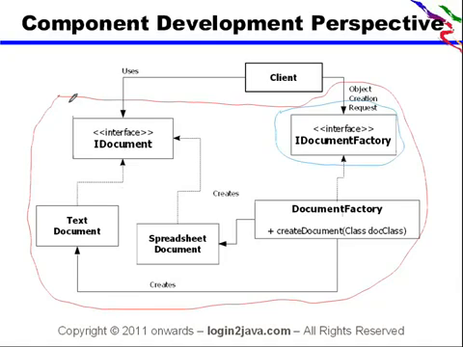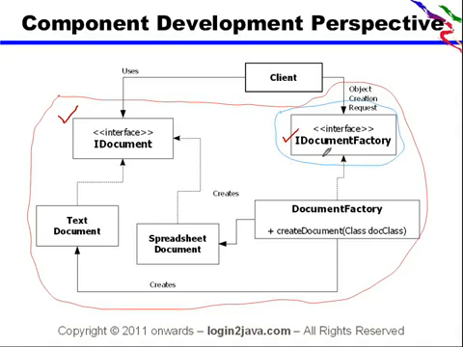If we look at the component development perspective, we just see this interface working properly, and it is making the component reusable, maintainable, expandable, and robust. Now see, we have an IDocumentFactory interface in place.